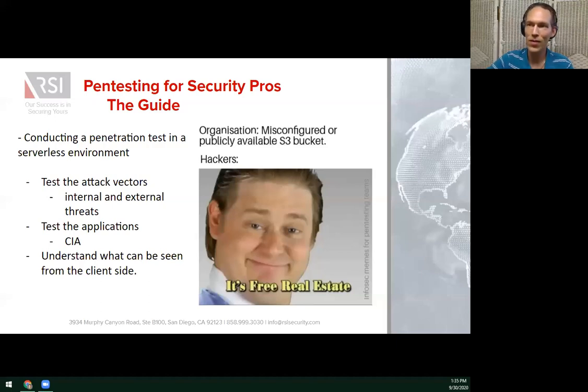You can also use that to enumerate users or enumerate other data that's out there. Also, make sure that your pen testers are thorough in their analysis when assessing serverless environments.